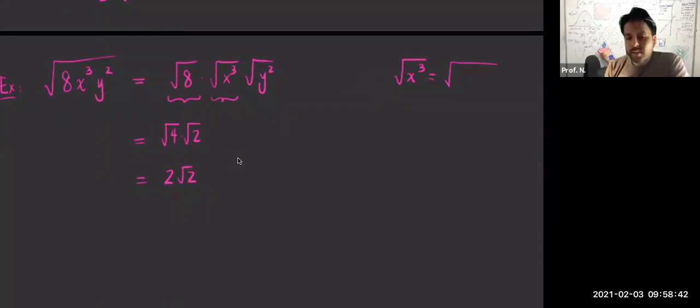But you can rewrite x cubed as x squared multiplied by x to the first power, can't you? And then you can break this down as the square root of x squared multiplied by the square root of x. The square root of x squared is x.